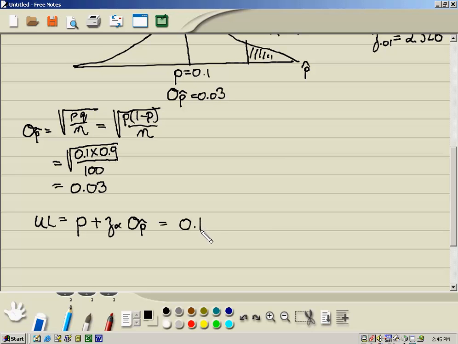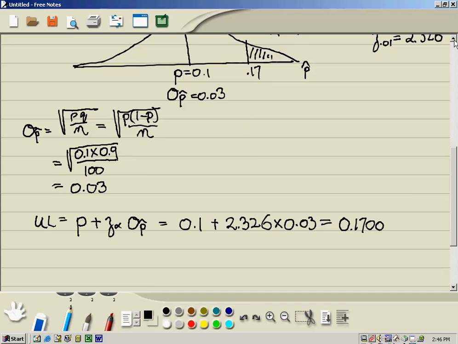For this particular case, that's 0.1 plus 2.326 times 0.03, and after calculating that out, we get a number on our calculator, 0.16978, and to 4 significant places, that's 0.1700, or essentially 0.17.